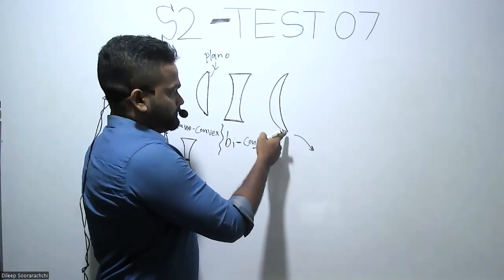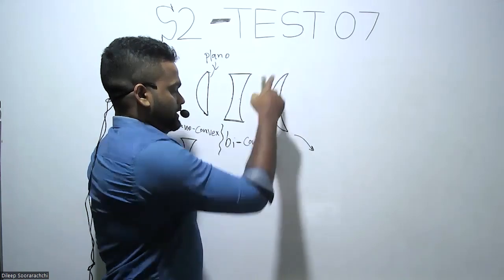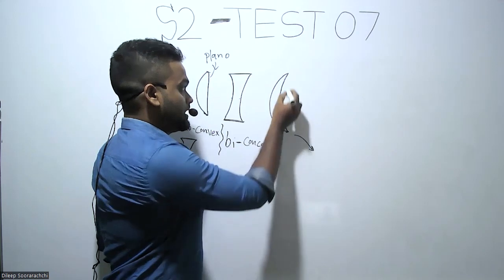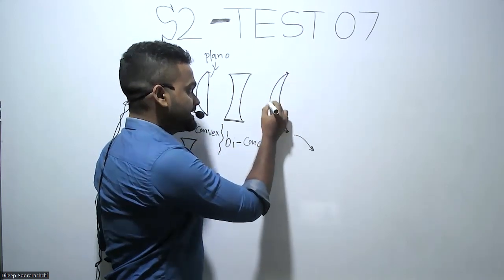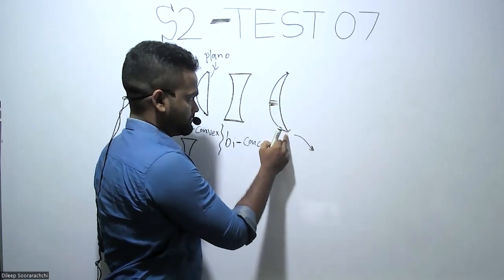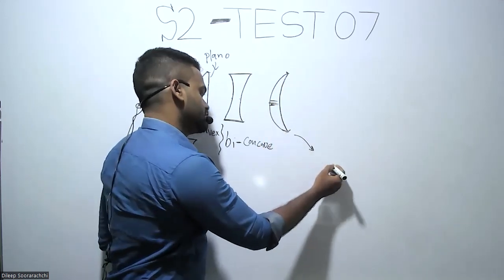Okay, figure out whether this is convex or concave. The middle is thicker compared to the edges, so this is convex.